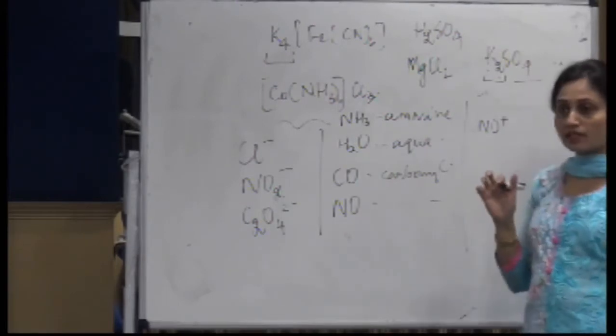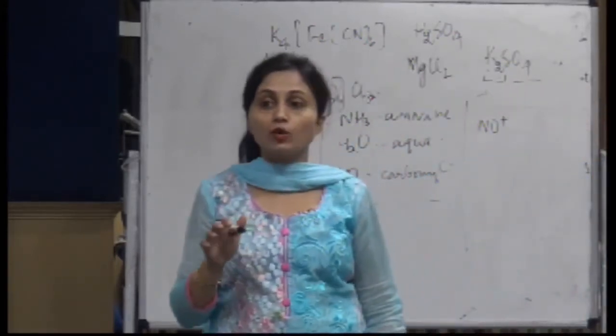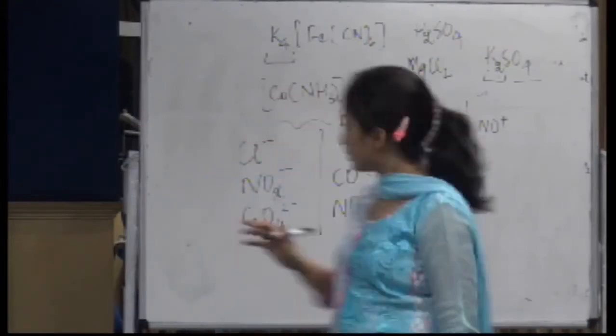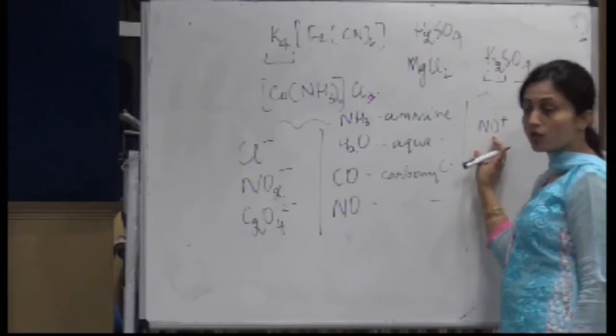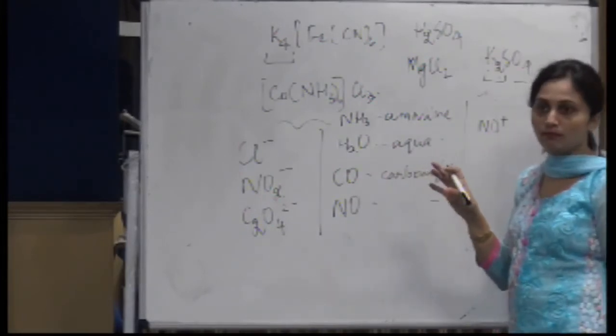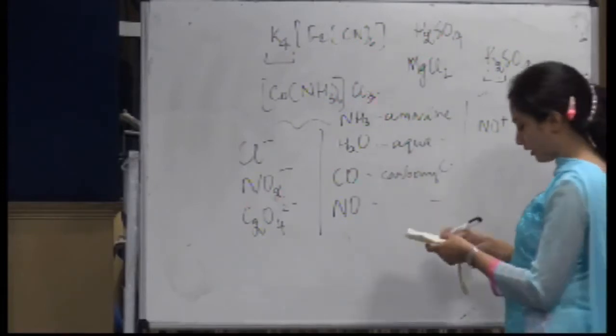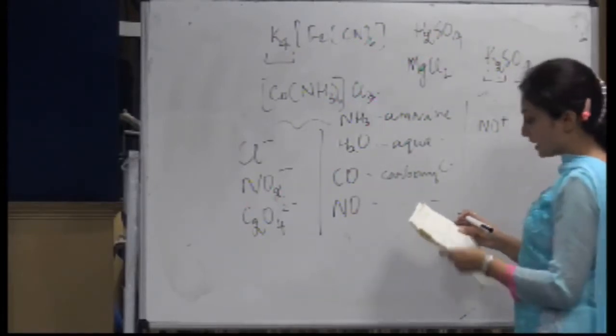Alright, then after that, if we have a positively charged ligand like NO plus. So the positively charged ligands end in IUM. So if this is like a nitroso compound, NO2 is generally a nitro. So this will be called nitronium. I'll just check it. Nitronium, I think. So it will be named as nitronium.